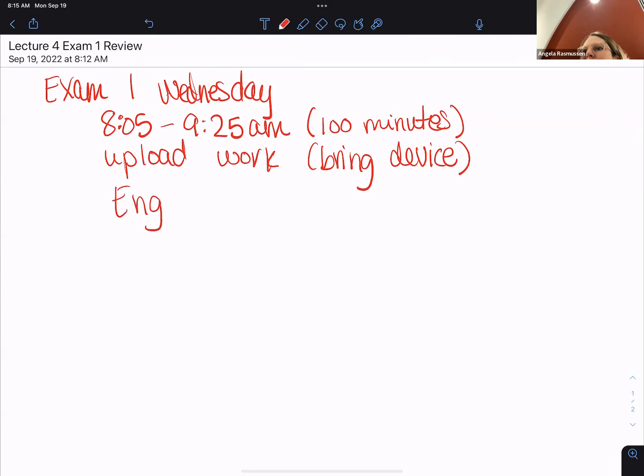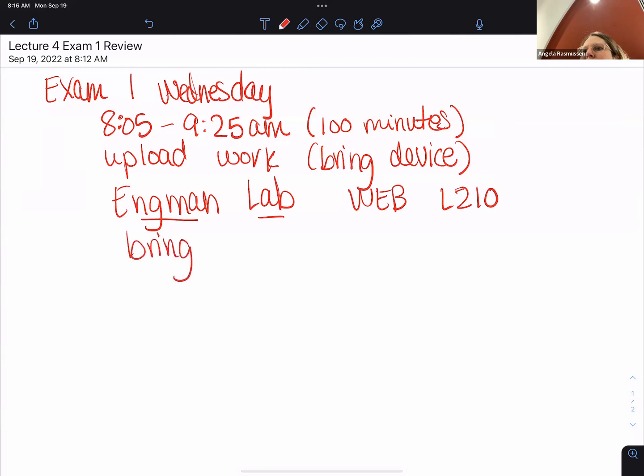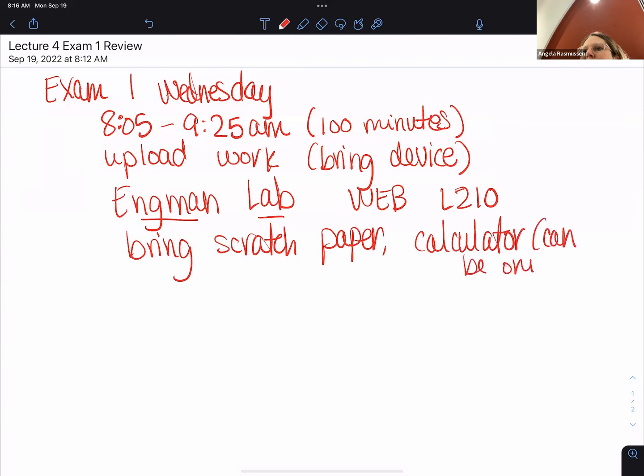It's going to be in the Engman lab, here in the Web, and the room number is 210. And bring scratch paper and a calculator. You can either use an online calculator, and you can bring your own computer if you want to.